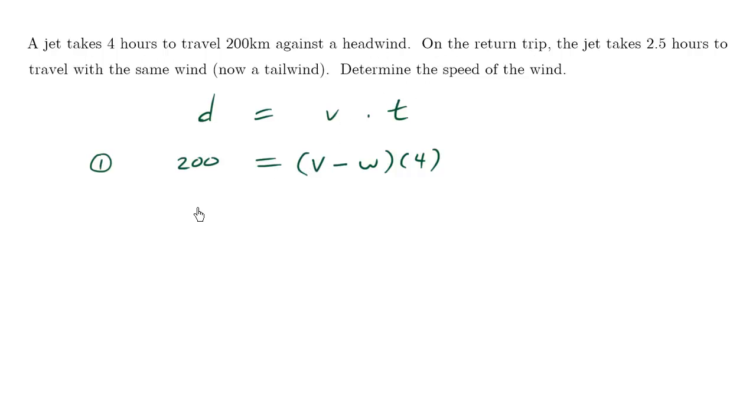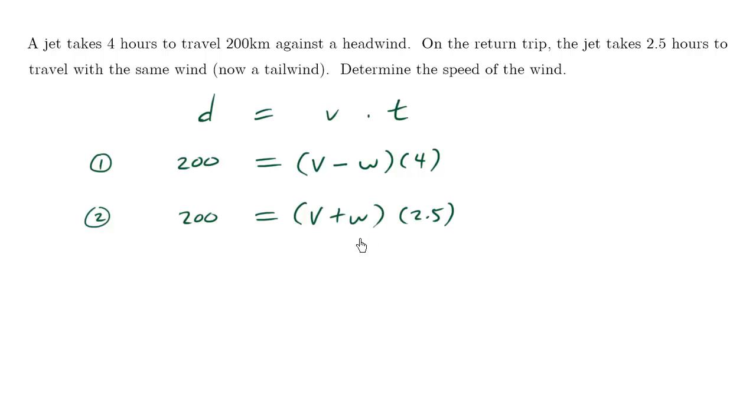On the return trip, we're also going 200 kilometers, and we are going to take 2.5 hours. That's the time. And what we're going to have here is a tailwind. So whatever the regular velocity of the jet is, it's going to be actually faster. How much faster?